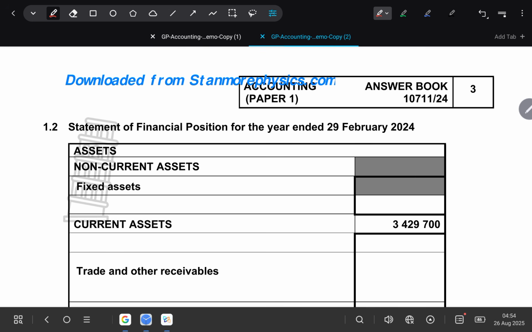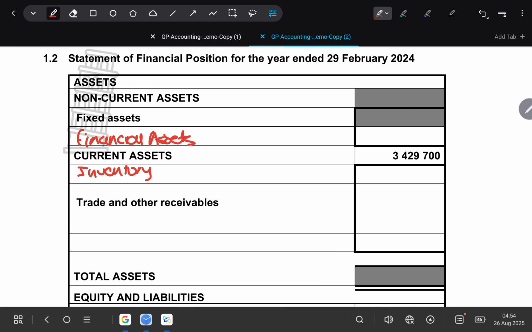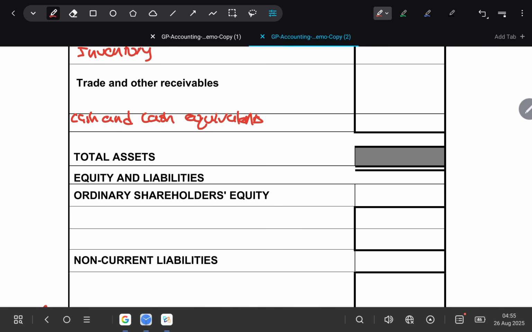Under non-current assets, we'll have fixed assets, then financial assets, and then under current assets we would have our inventory, trade and other receivables, and also cash and cash equivalents. Are we together?